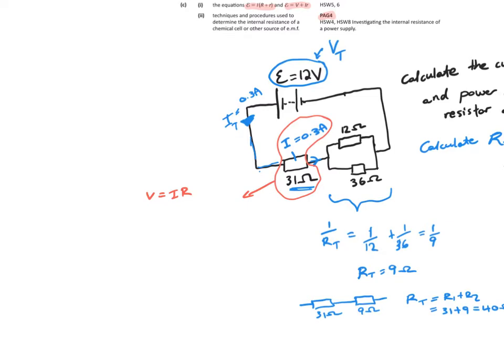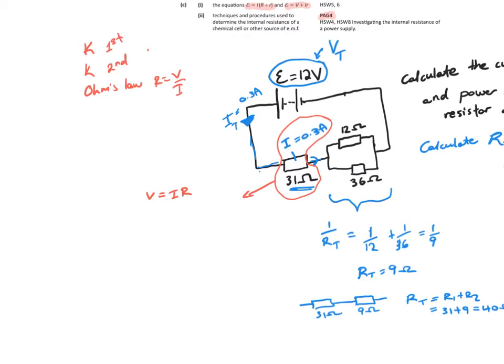So far what I have been using, and the things that you should be always using, is Kirchhoff's first law, Kirchhoff's second law. You need Ohm's law, which is this.